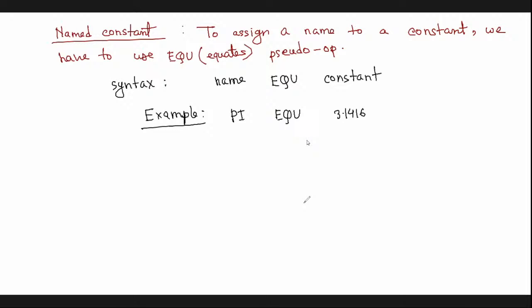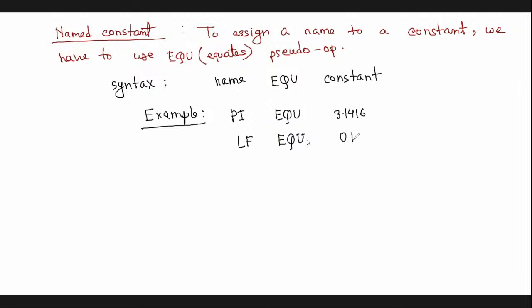This language also creates some constant values depending on the necessity of the language. Let me give you some examples. Suppose LF means line feed. If you want to go to a new line from the current line, you need this constant. LF EQU 10. EQU means it is a constant value, and the value is 10 decimal.